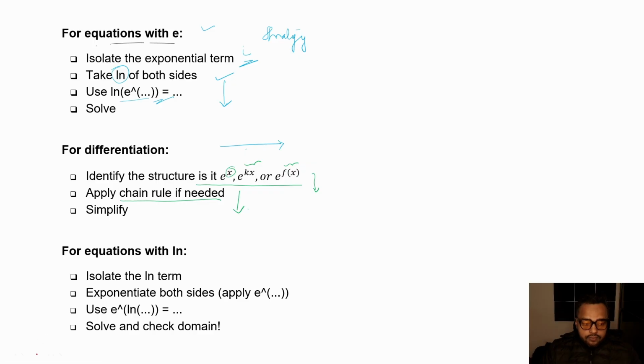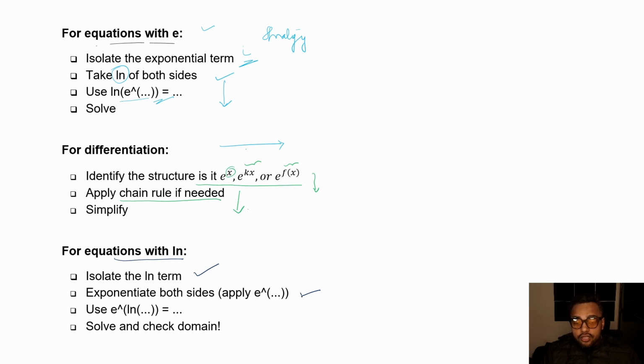Now for equations with ln, whatever equation we have with ln, first we have to isolate the ln term, that is the logarithm, where the base is e here. Now we need to exponentiate both the sides. Why are we exponentiating both sides with base e?